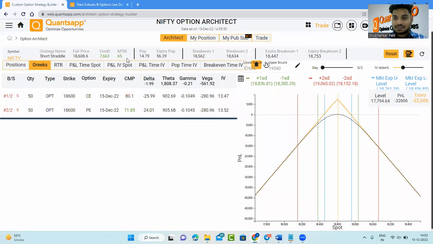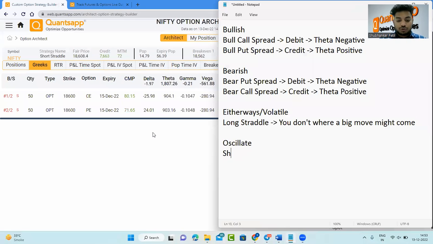The margin required in this type of strategy would be humongous. So you will require a big margin to deploy it, but this is called a short straddle. The benefit of this is that you are theta positive, with significant quantums, you will earn a big chunk from theta.